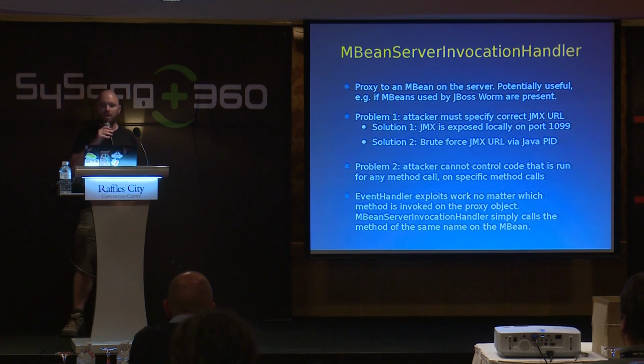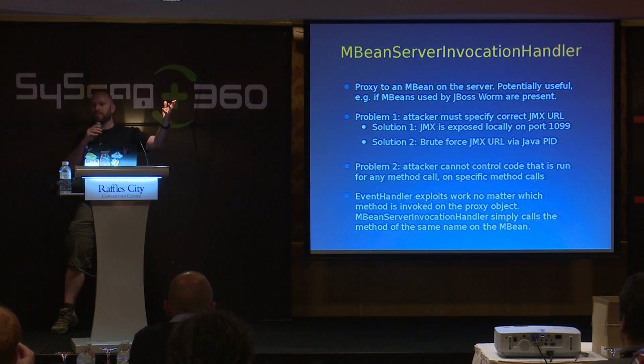The problem here is that the MBeanServerInvocationHandler does not allow you to say, okay, I'm going to create a proxy object that implements Comparable, and then when compareTo is called, any method on that is called, execute my code.